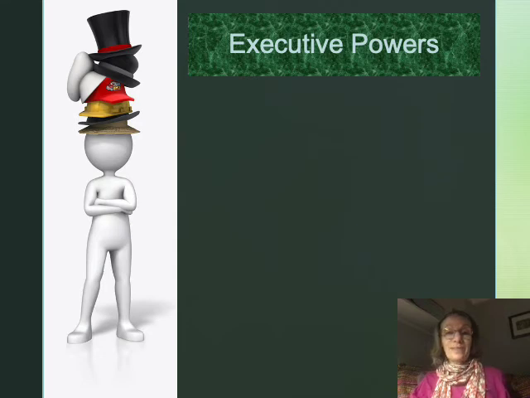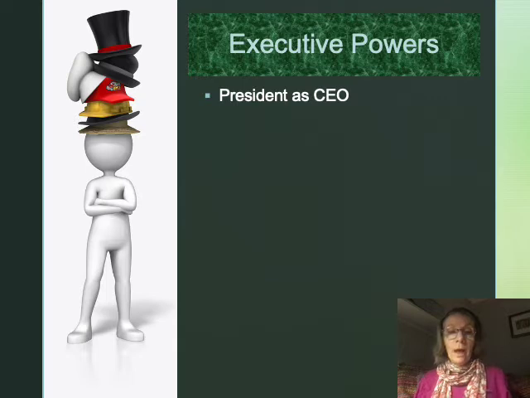Another hat that the president wears is his or her CEO hat. And that relates to the president's executive powers. The president is, for all practical purposes, the chief executive officer of the federal government.